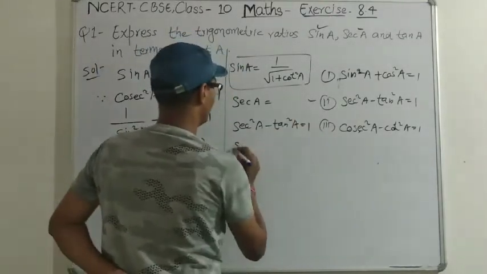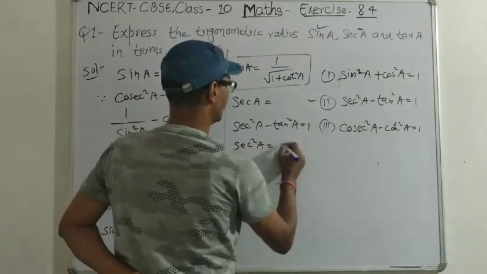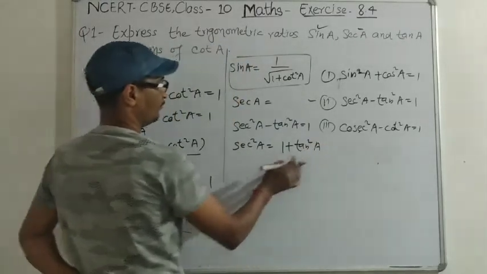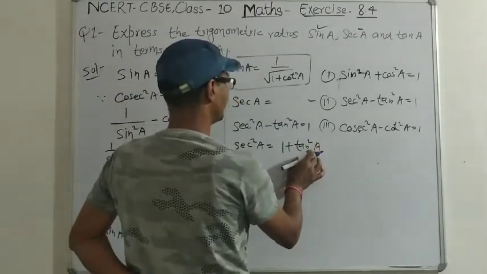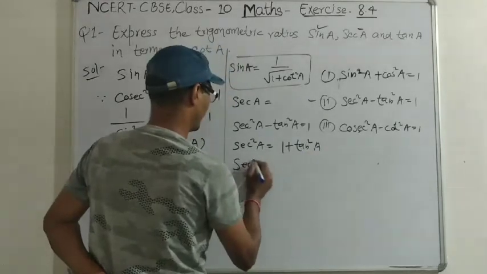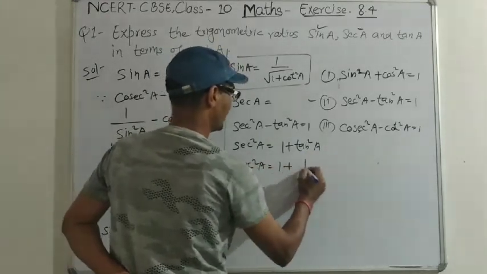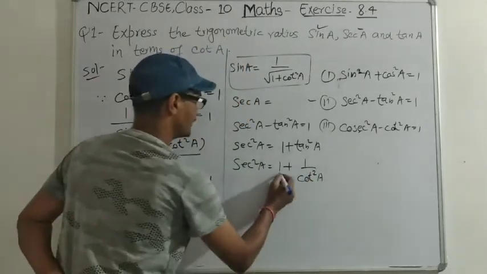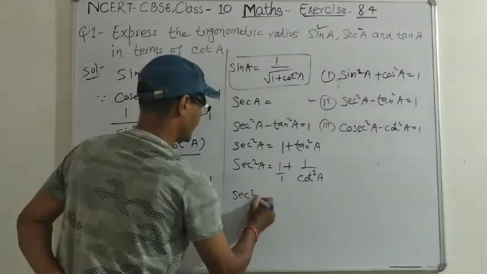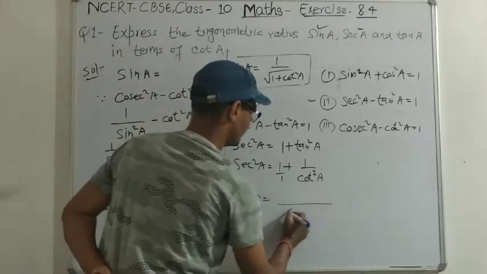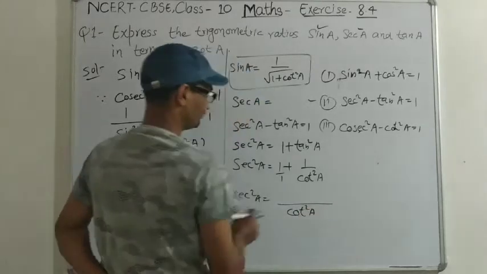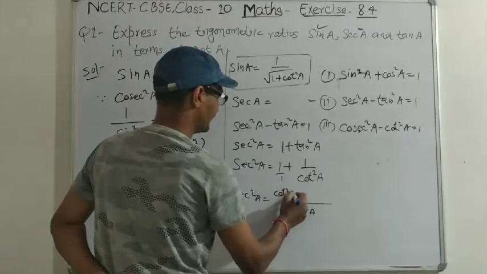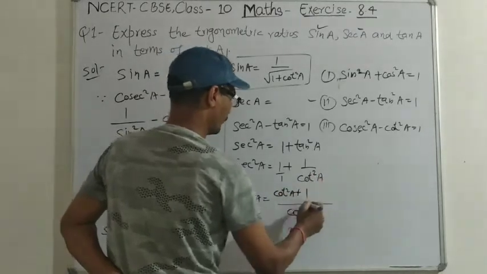So sec square equals 1 plus tan square A, and tan square is written as 1 by cot square, since cot is the reciprocal of tan. So sec square is equal to 1 plus 1 by cot square. Taking the LCM, cot square, we get cot square plus 1 over cot square.